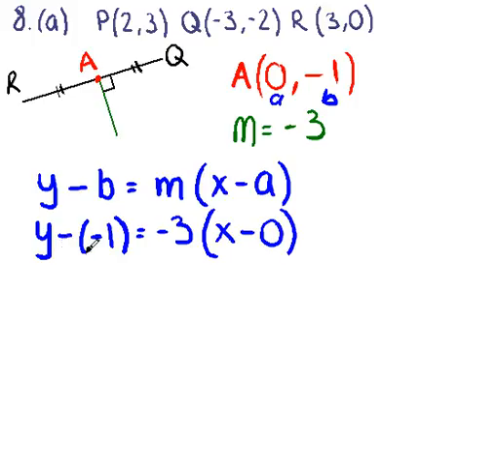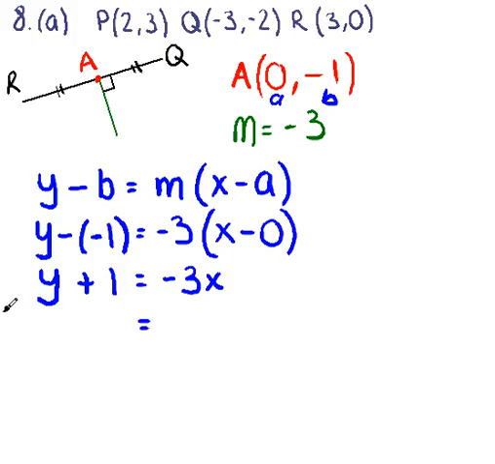Y minus minus 1, so two minus signs make a plus sign, so it's y plus 1 equals, multiplying this bracket out, minus 3 times x is minus 3x, and then minus 3 times 0 leaves us with nothing here. So collecting everything to the one side, we bring this minus 3x onto the left.